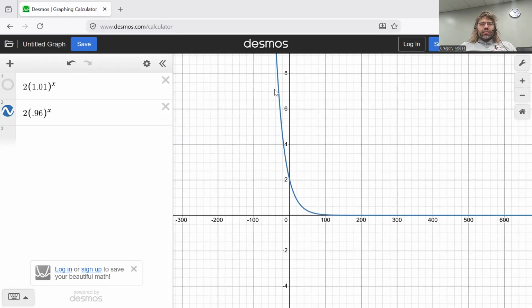Quick decrease, slow decrease. This really is probably all we need of exponential functions to be successful in this course.